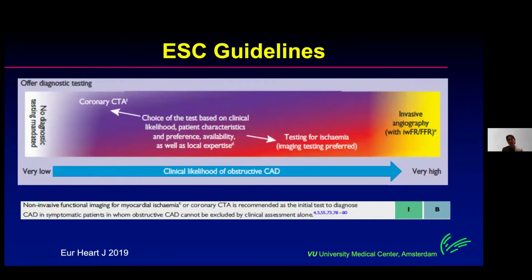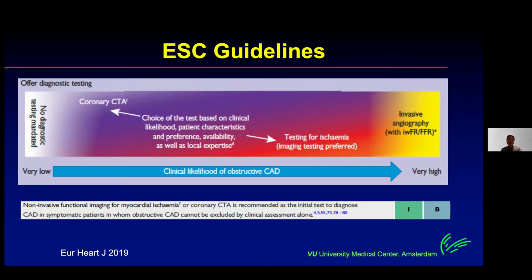So if we take a look at the guidelines based on all these imaging techniques, we tend to rely on intermediate likelihood of disease. If you have a low intermediate likelihood of disease, you go for coronary CT. If you have a high intermediate likelihood of disease, you go for ischemia detection.